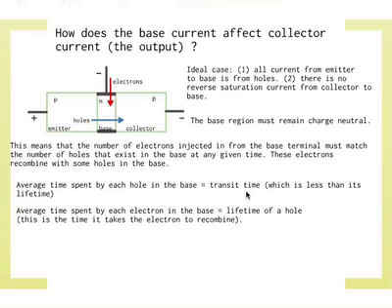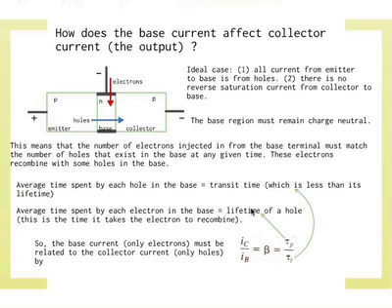The average time spent by each electron in the base is the lifetime of the hole, because this is the time it takes for the electron that came in to recombine with the hole. So now you can see what the net charge buildup within this material is. The electron spends an average of the lifetime of the hole inside this base, and the hole spends an average of the transit time within the base.